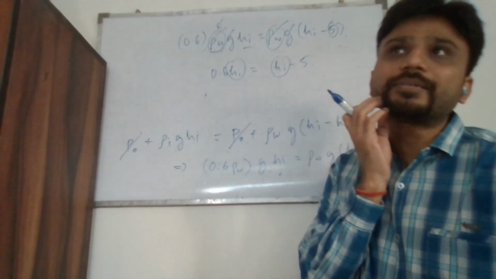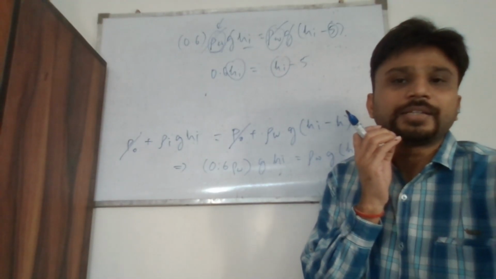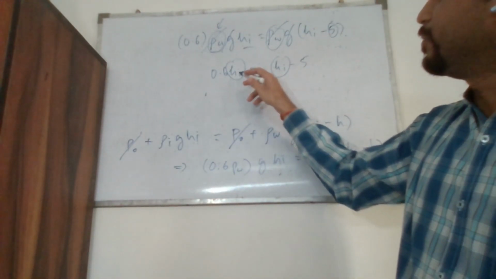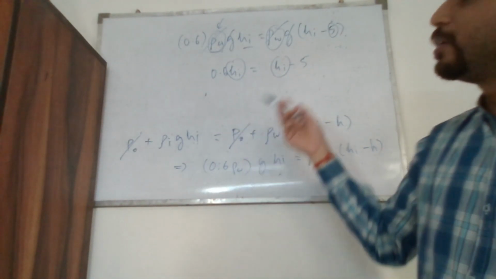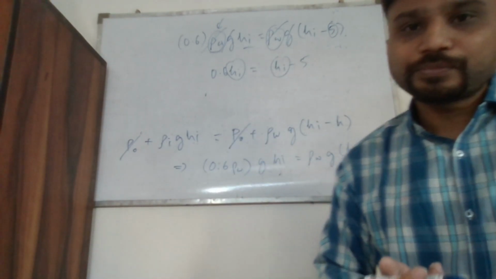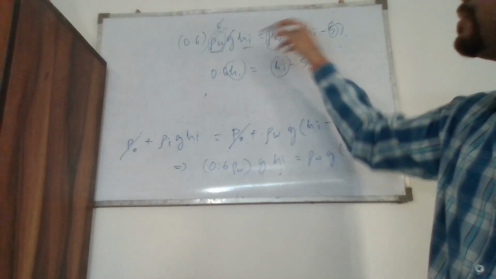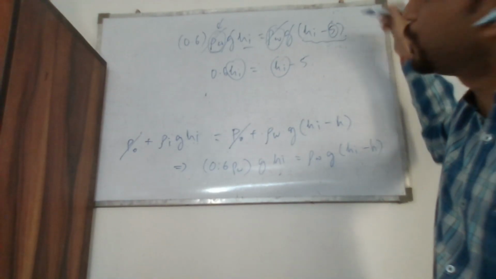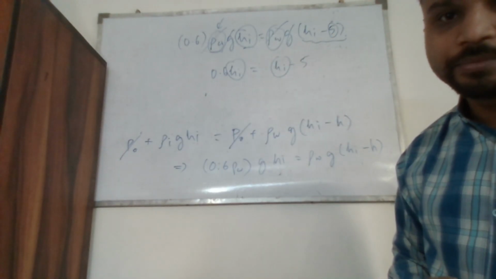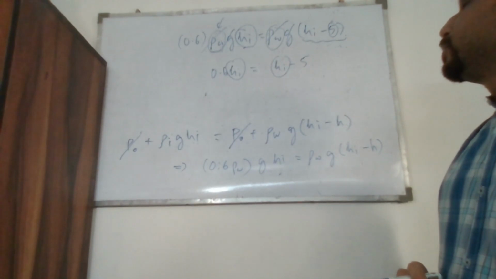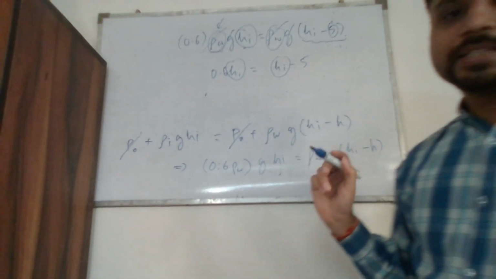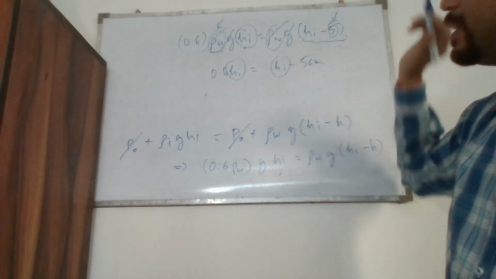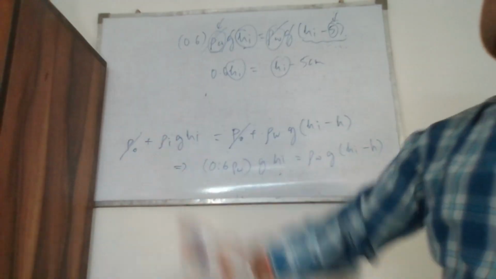We won't have to think about what the unit of HI is going to be, because in the same equation we follow the same units. If this term has a unit of centimeter, then automatically HI will also follow the same unit. So we have simply put the value of small h as 5 centimeter, and HI is also going to come in that unit.